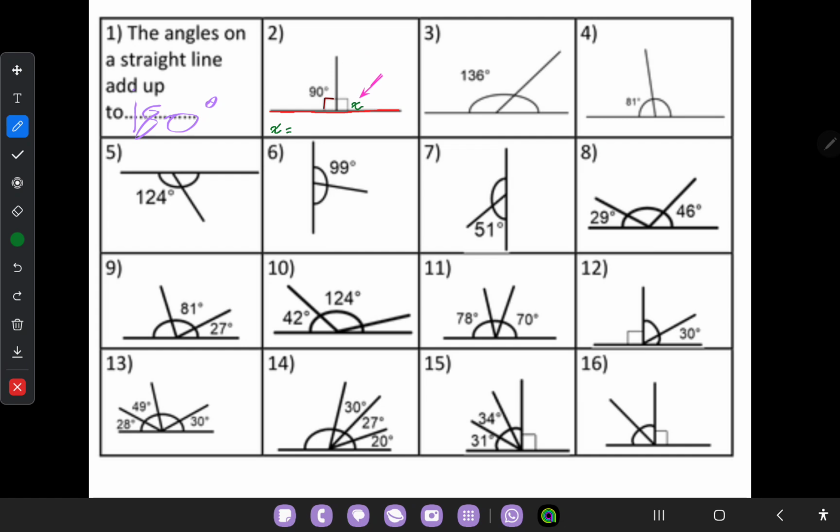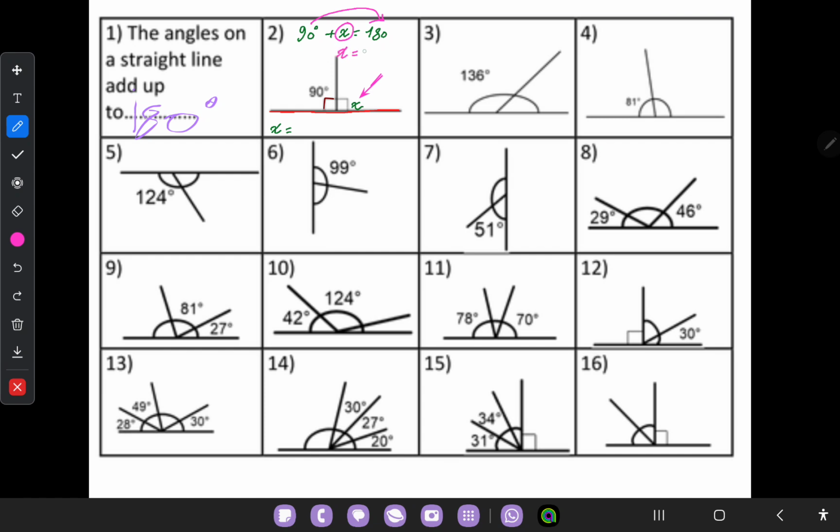Here we have these two angles, 90 degrees and angle x, which add up to 180 degrees. So if I want to get angle x, we deal with an equation. I want to get x, so we have to move 90 to the right-hand side with a negative sign.